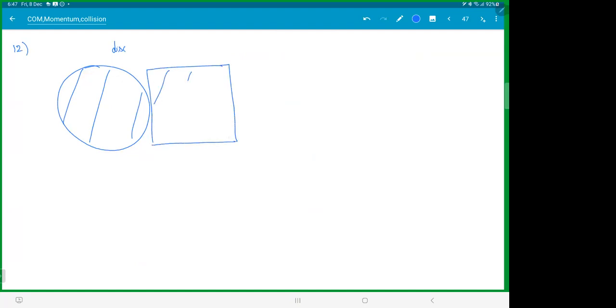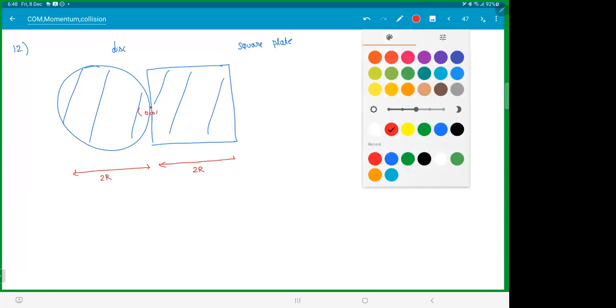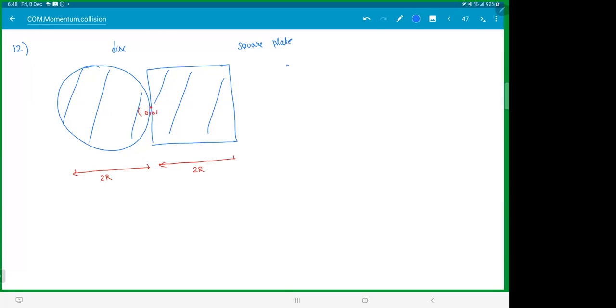And we have a square plate. This is your origin. This was 2r. This is also 2r. Meaning radius is r and the side of the square is r. Same material. Find center of mass.